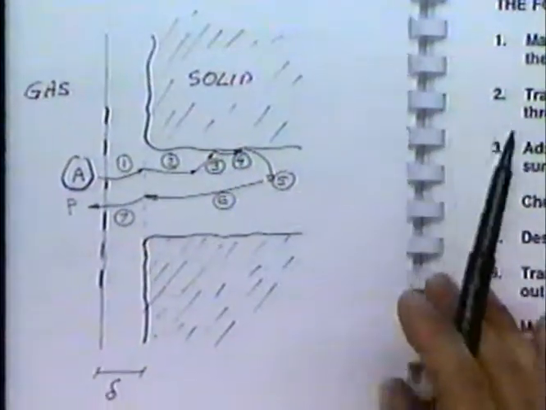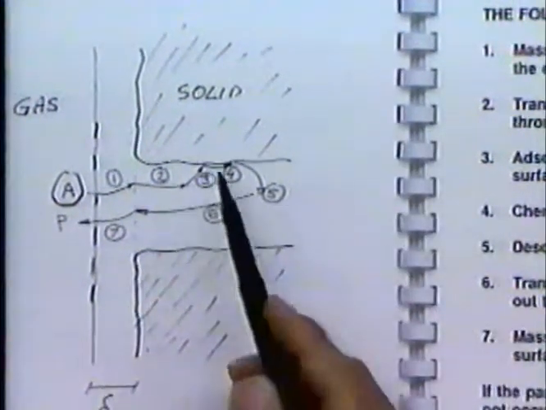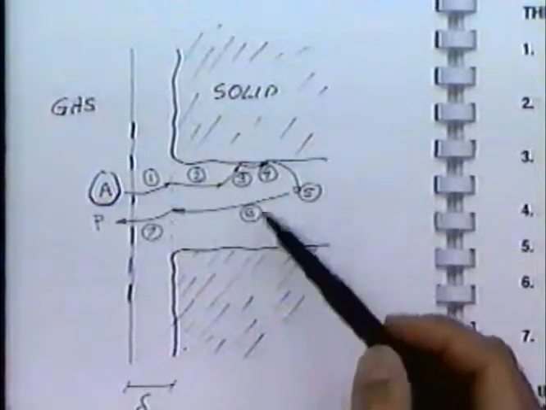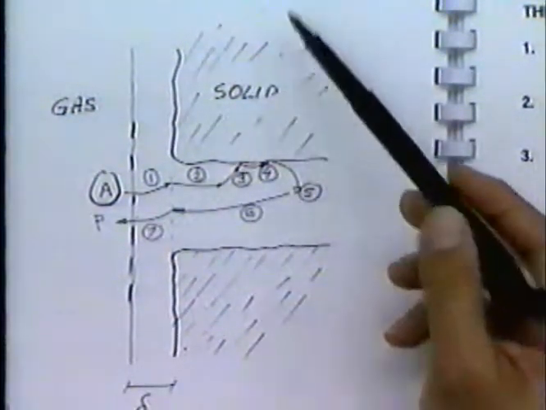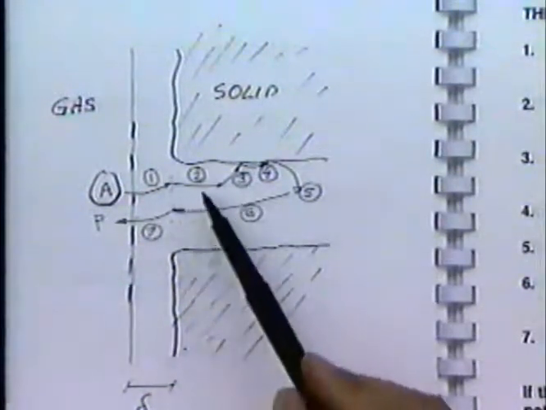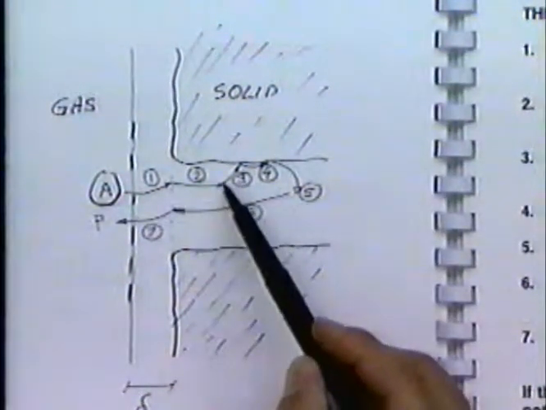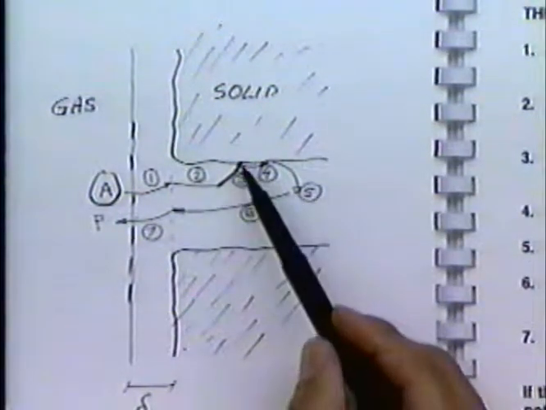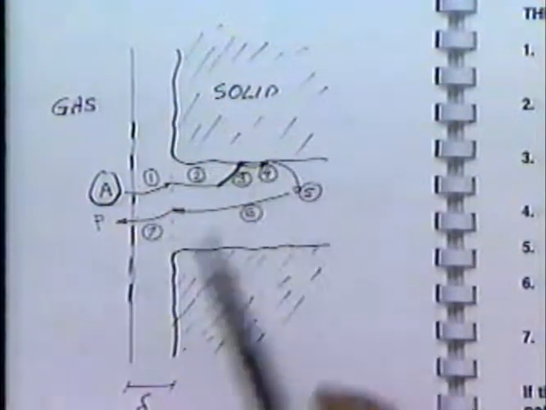Then this reactant A has to reach the inside of the pore, in which we are assuming that the catalyst is a porous solid, so the reactant has to get into the pore. And once it is in the pore, it has to adsorb on the surface of the solid. Once it is adsorbed, it will react.